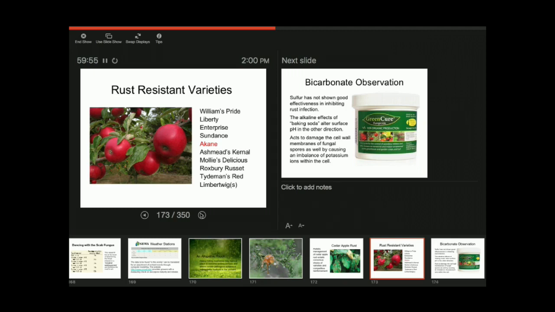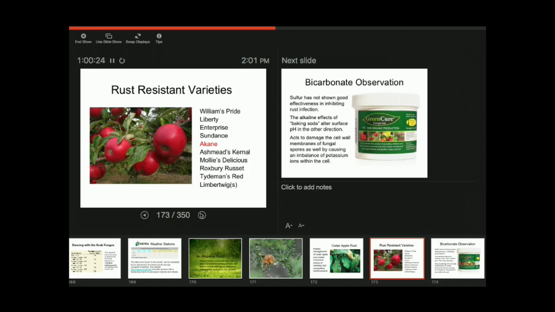That apple that's in the picture is a Japanese apple called Akane. And Akane has a deeper resistance to many disease organisms because it has a tie to another apple that offers this broader disease resistance mechanism. Anything in the russet family, like Roxbury russet, Esopus Spitzenburg, doesn't have rust issues.